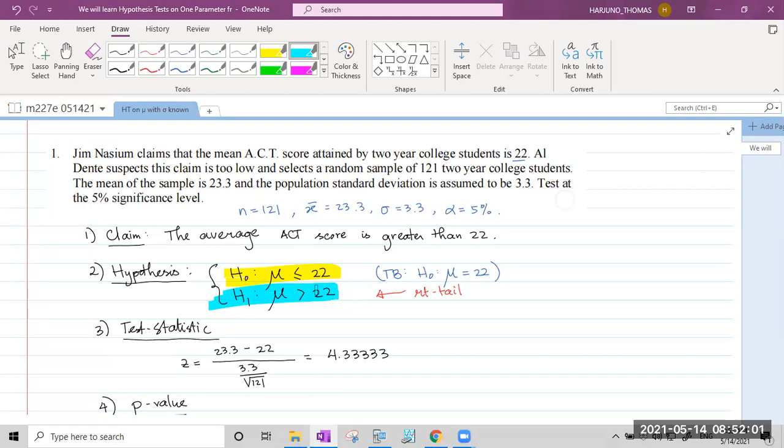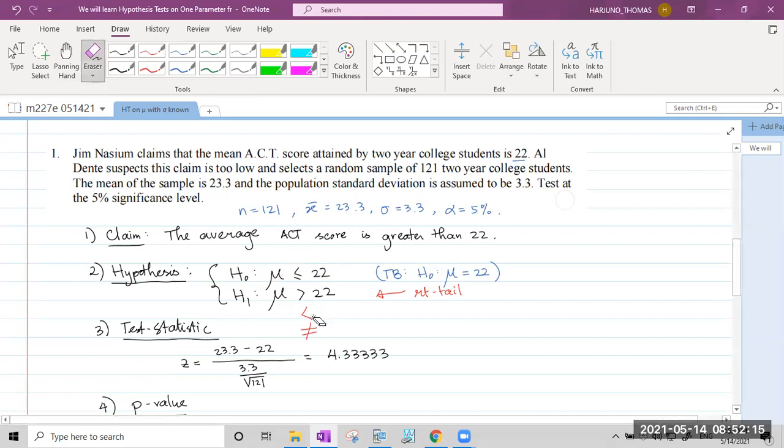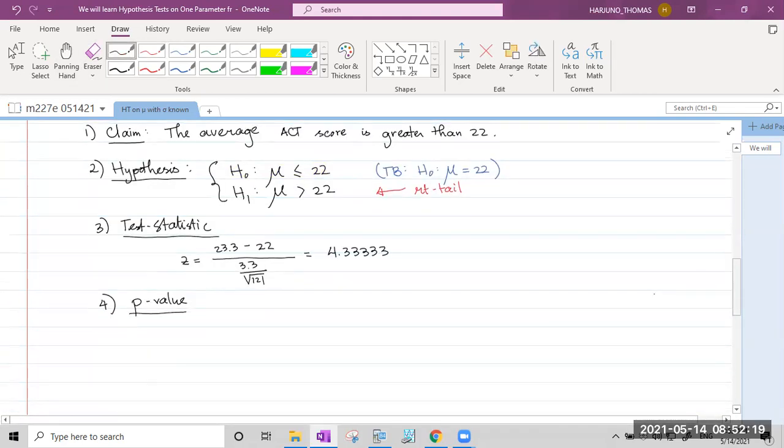Okay, so we will use right tail test. If the inequality sign here is less than, then it is left tail. If the inequality sign is not equal to, that's two tail. Now, what is the p-value?